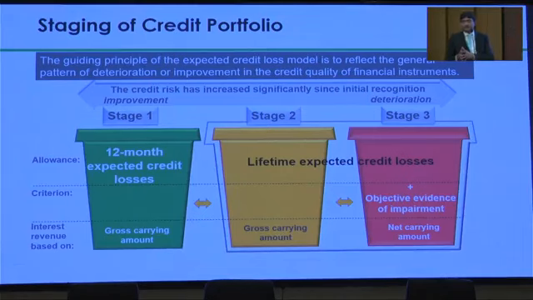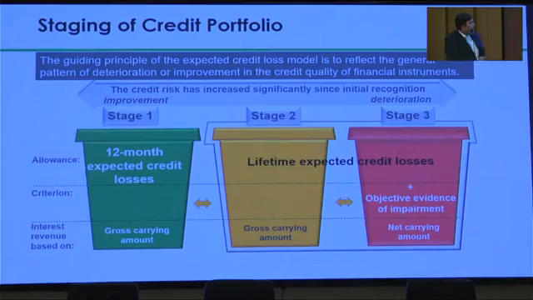So the standard says that if that credit risk has increased significantly at the reporting date as compared to its origination date, then the loan will go to stage 2. So whenever you write a loan, it will go into stage 1. If the credit risk has increased significantly on that loan, it will go to stage 2. So that is how the loan will move amongst these stages.